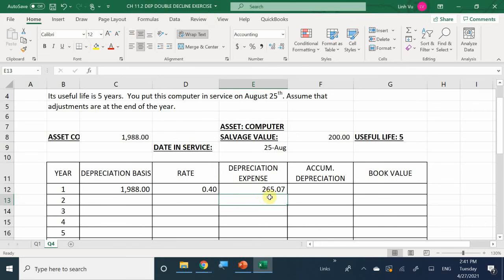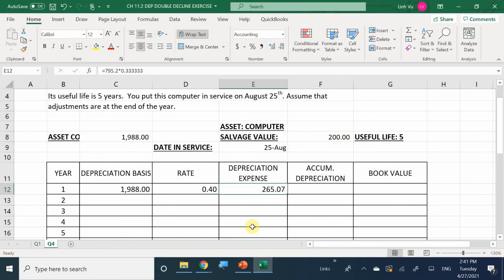Okay? What was that, Nicole? Maybe it's saying that it's a typo in my formula. Okay, I'm gonna try it one more time. Equals the basis times the rate, right? Mm-hmm.